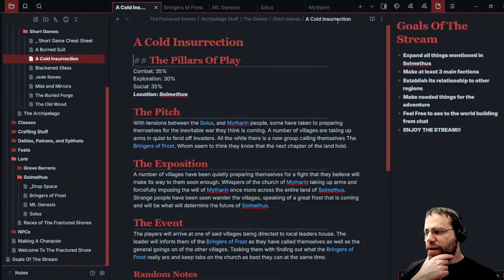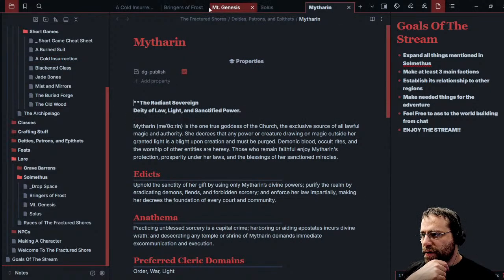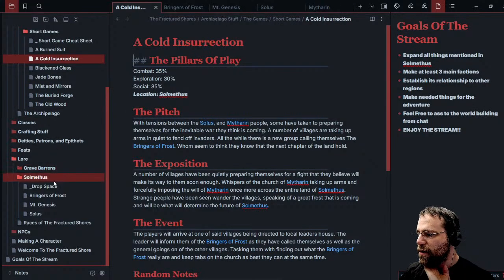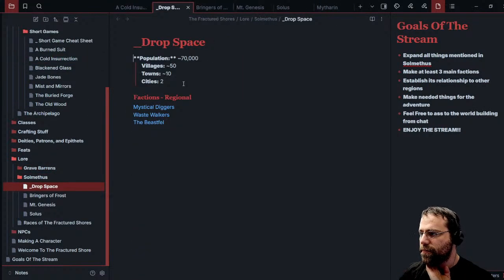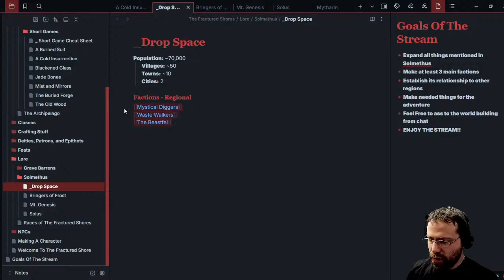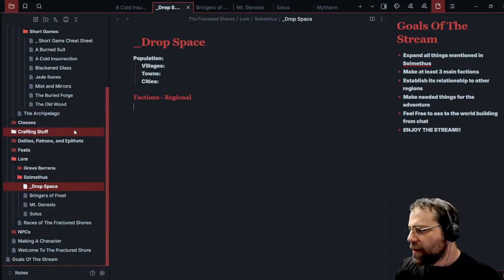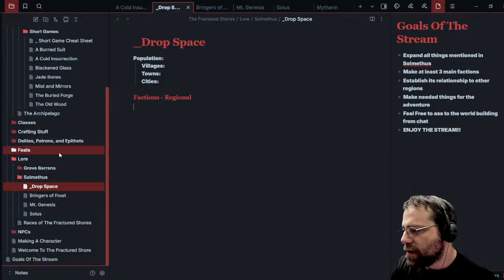Alright, so let's see here. We have a thing from Matharan in here already, so we're just going to keep that there for now. So we have the Bringers of Frost Mountain. So we need to make a few things. This needs to just go away. Get rid of this. Alright. So here's a few things that we need.